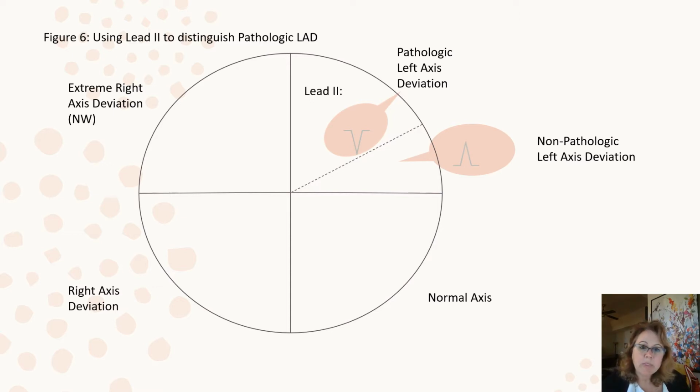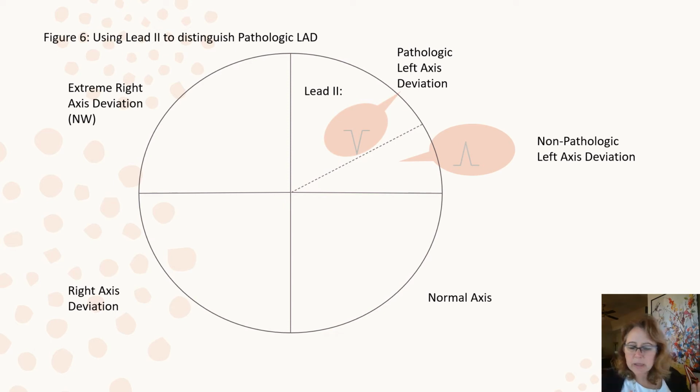Now, what this slide is showing you is that we could have a pathologic and a non-pathologic cause for a left axis deviation. So if we think about this, I've said a couple of times now that as people age, their hearts get bigger, their PMI shifts to the left. So there is a component of that that we consider normal. And we say that is a non-pathologic left axis deviation, meaning it's just a little bit.